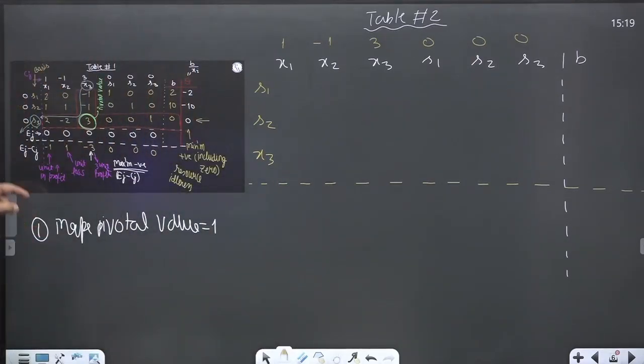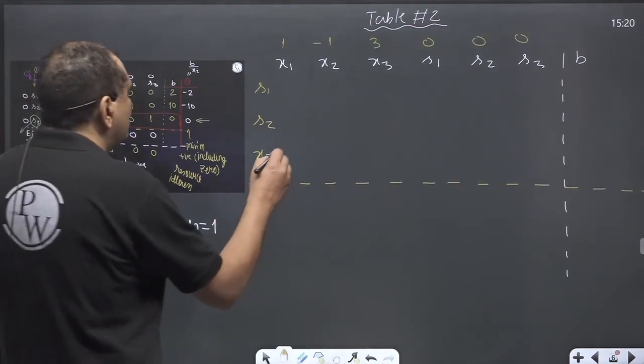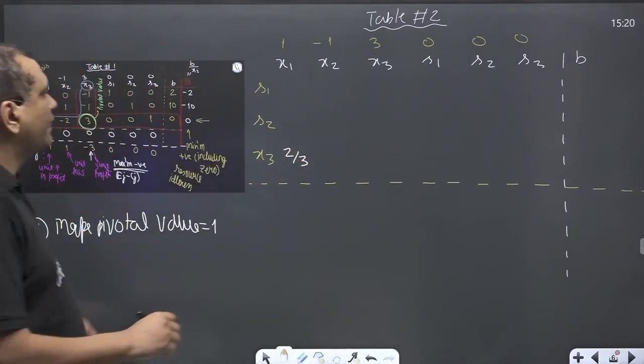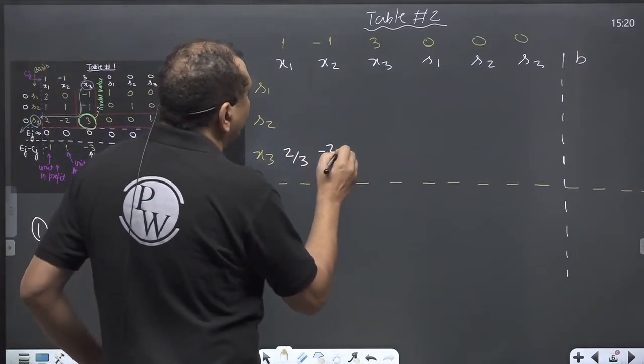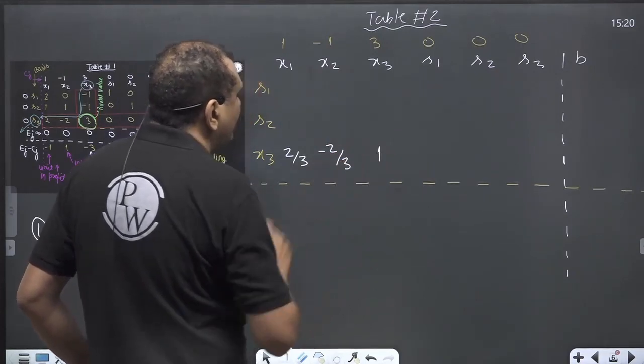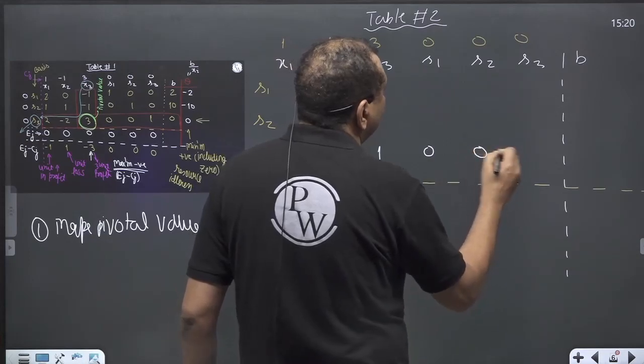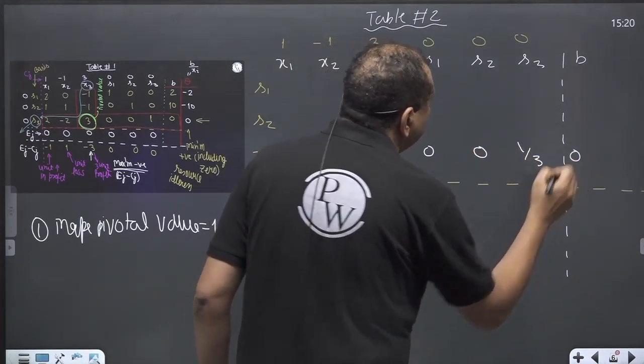So divide the entire row by 3, and the pivotal value will be equal to 1. So 2 by 3, minus 2 by 3, 1, 0, 0, 1 by 3 and 0.